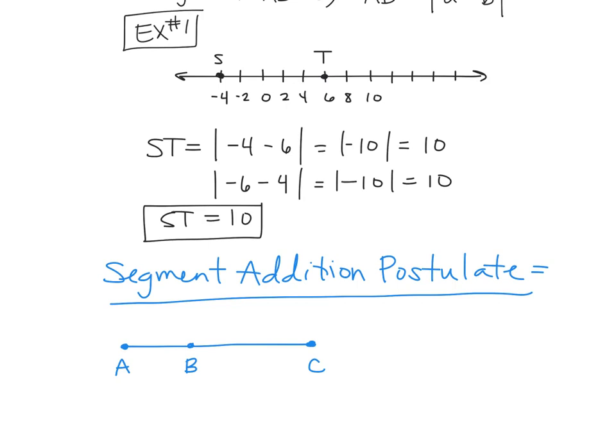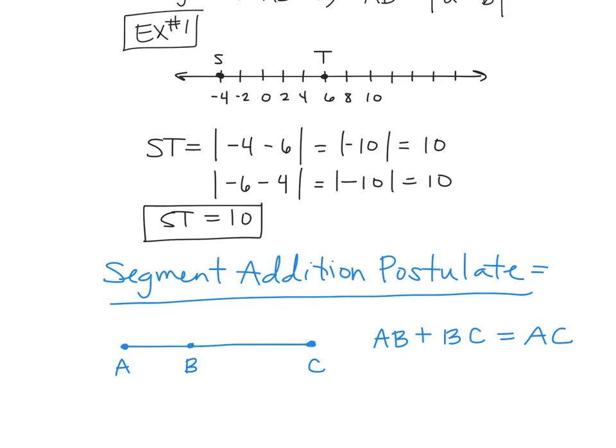Right. Okay, so segment addition postulate says the two parts equal the whole thing, right? So segment AB, or the length of AB, we're not going to make it a segment right now. The length of AB plus the length of BC will always equal the length of AC, right?